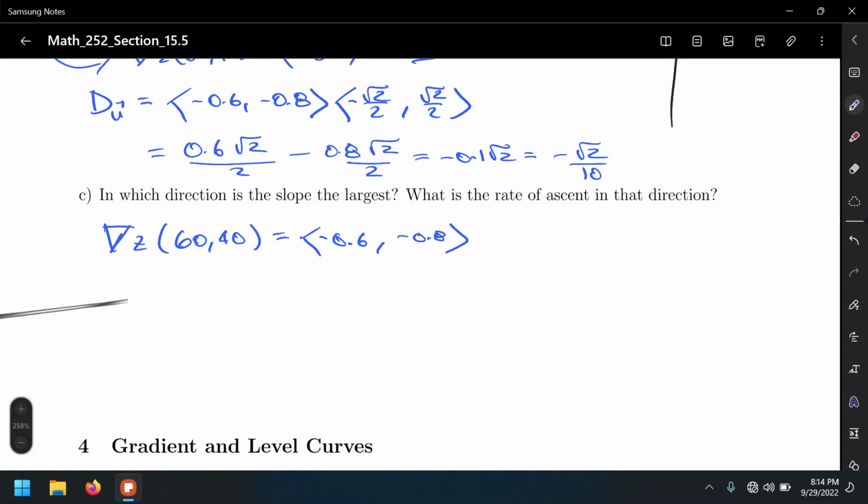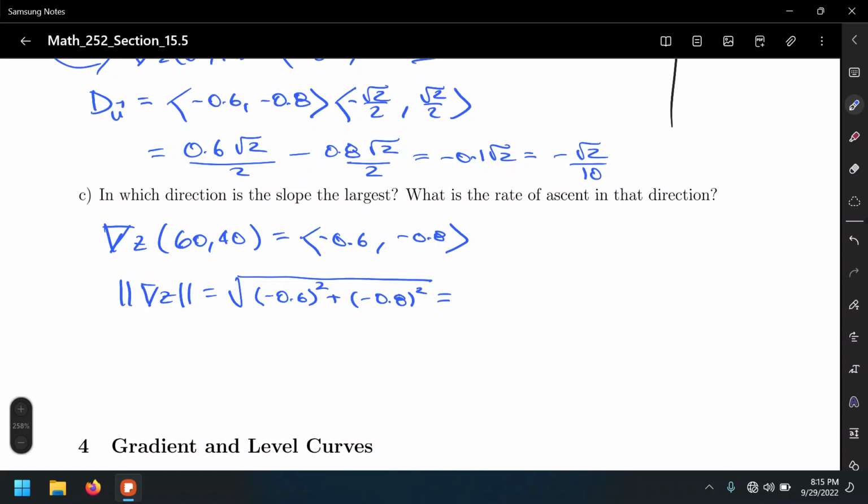The magnitude of this vector would give us the actual value of the largest slope. That's negative 0.6 quantity squared plus negative 0.8 quantity squared.